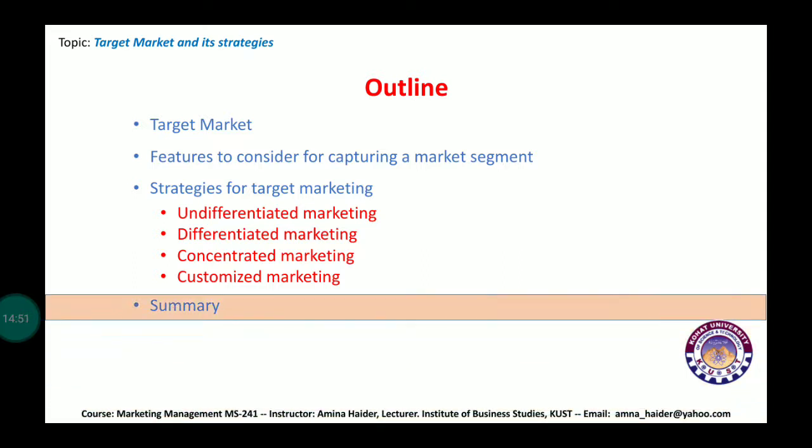So, in the end, we would summarize our topics. In simple words, when we consider the target markets, not all the products can be consumed by all customers, and each product has a different set of consumers who want to purchase the product.